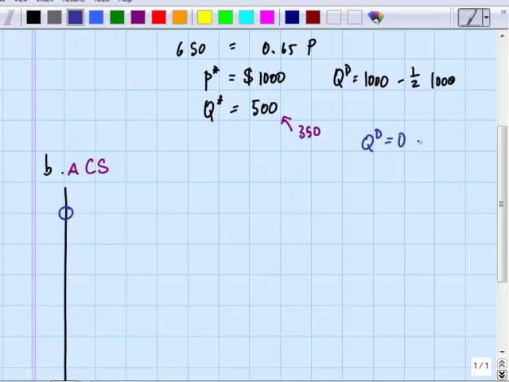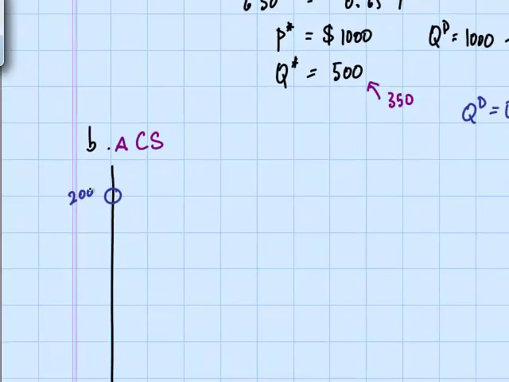And that's going to be a function of the price. It's going to be 1,000 minus 1/2 of P. So if you set the price high enough, demand will be 0. What P will actually drive demand equal to 0? Rearrange this, you get P, if you want to think of it as max, is 2,000. So that gives me the upper intercept.